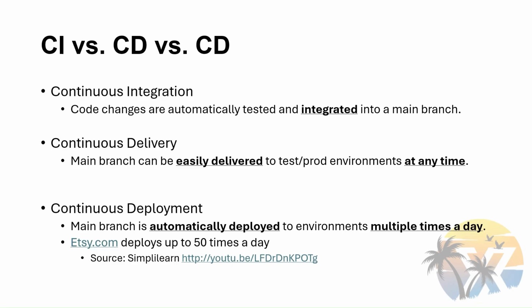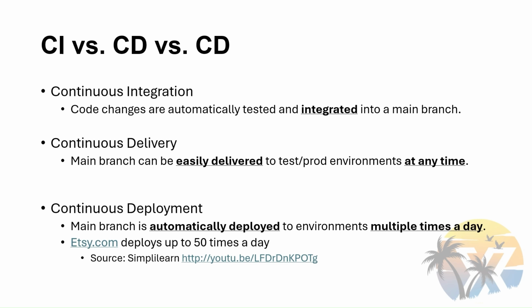What's CD? Well, there's actually two different types of CD that I've come across while learning about this. There's continuous delivery and continuous deployment. So first, continuous integration: code changes are automatically tested and integrated into a main branch. Continuous delivery is that main branch that has had the code merged into it as soon as it's done.